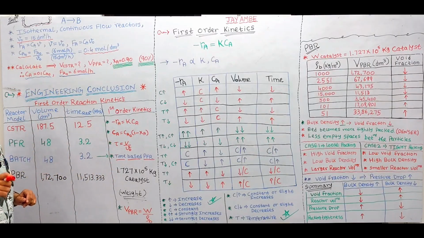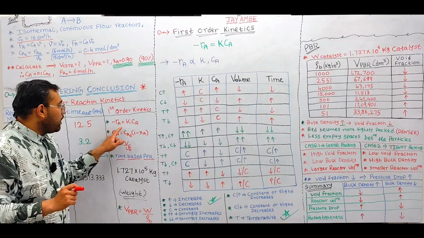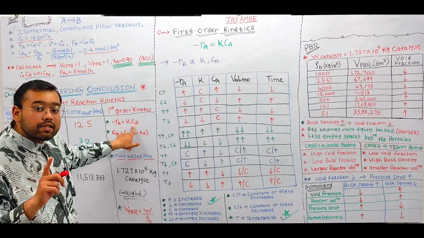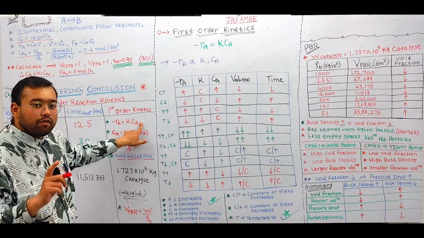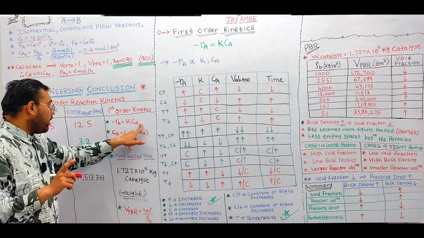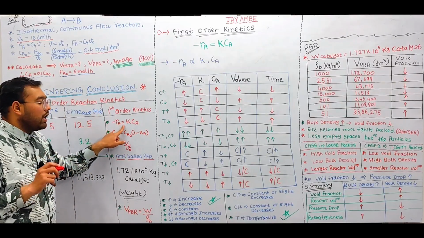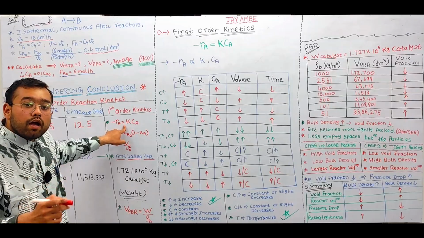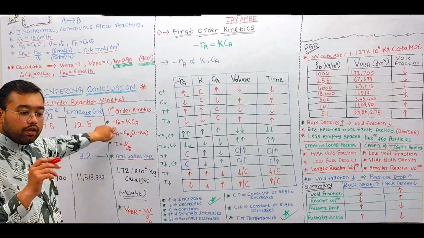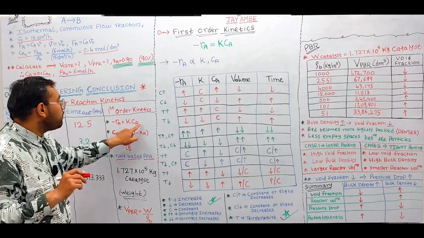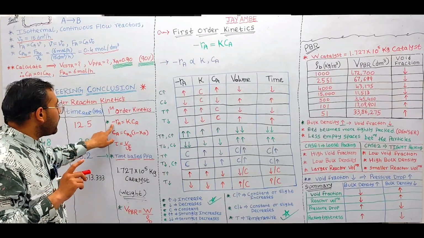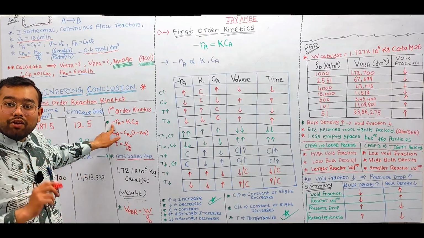Due to the highest concentration of the reactant at the initial start, and due to the direct proportionality of concentration with the reaction rate, we will have the higher rate of reaction.